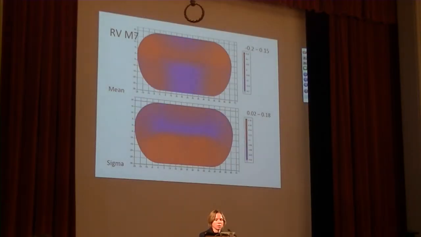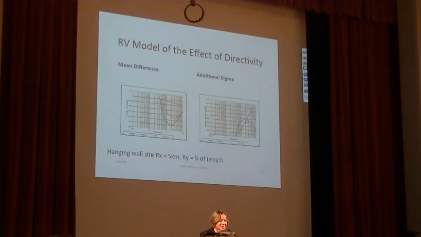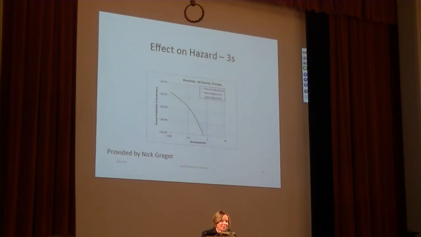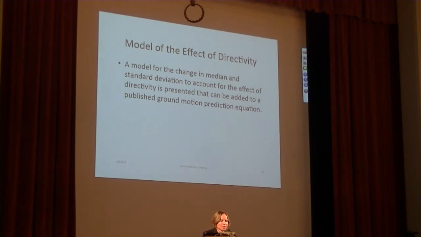Any other questions? Okay. The last slide then was the effect on hazard at 3 seconds, which Nick already showed you this morning. And then the conclusion: I showed you a model for both the change in the median, the mean, and the additional standard deviation that can be added to a ground motion prediction equation.